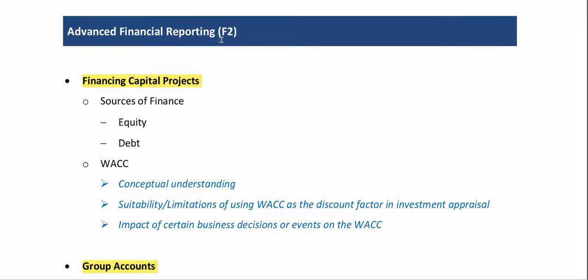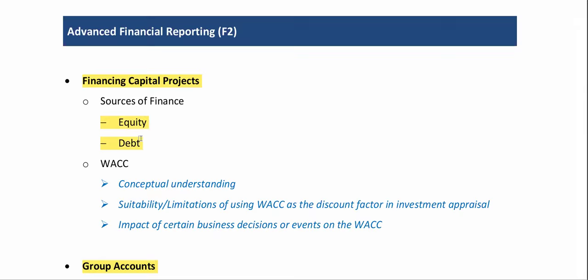Now, simply, this syllabus component relates to sources of finance, where you are expected to be thorough with the different sources of finance a company would be able to use to fund its investment needs. So we are looking at equity as well as debt. And remember, with regard to equity, you have ordinary share capital, which is how Ressett has funded itself, but you also have the option of preference shares.